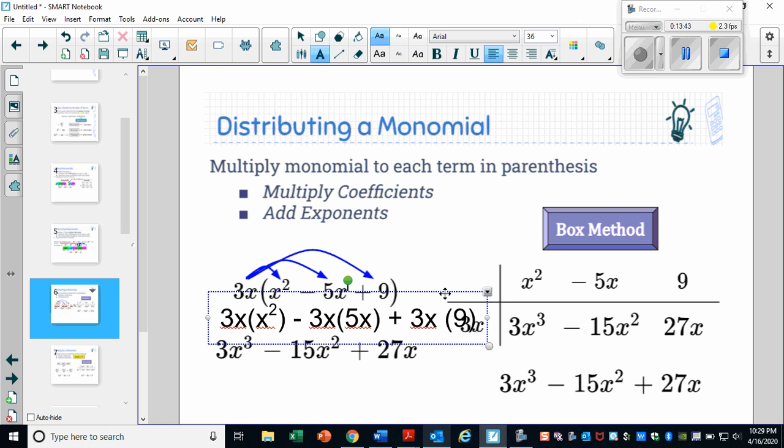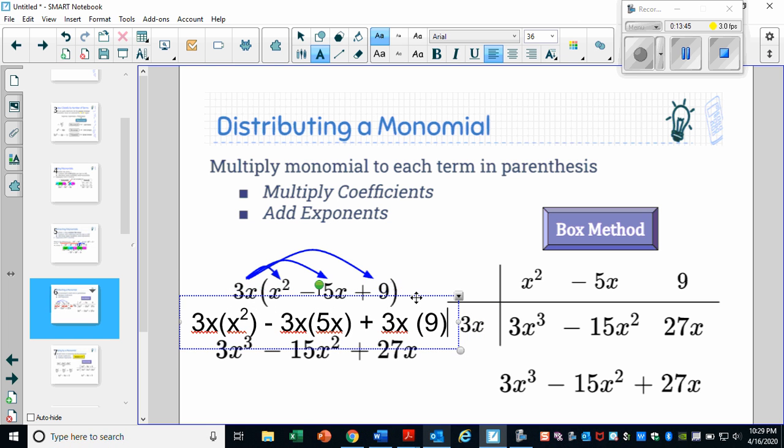And then after that, remember, x times x squared, that's how we get x cubed. 1 plus 2 was 3.